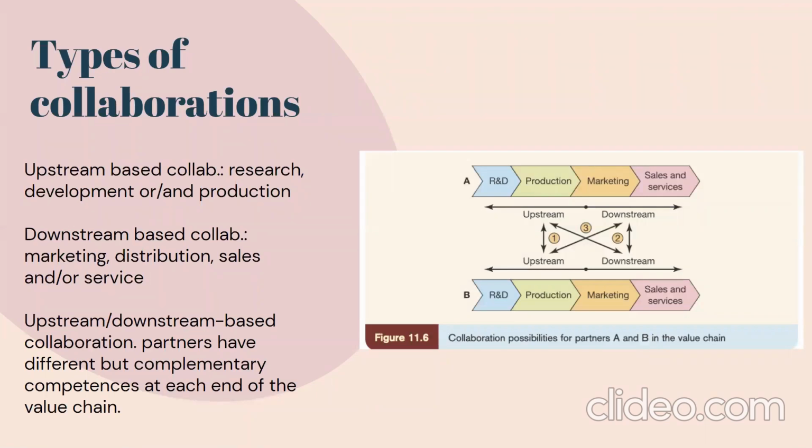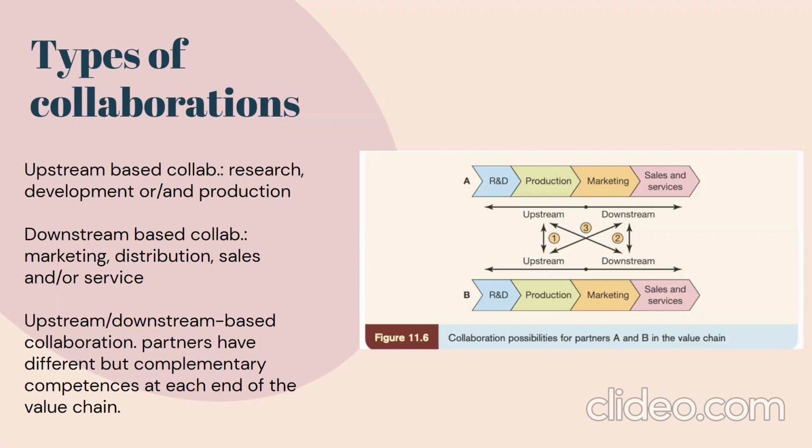There are different types of joint venture collaborations. Here on the picture, you can see the example of upstream-based collaboration, downstream-based collaboration, and upstream and downstream-based collaboration. Upstream-based collaboration means that the partners in the joint venture share research, development, and production.